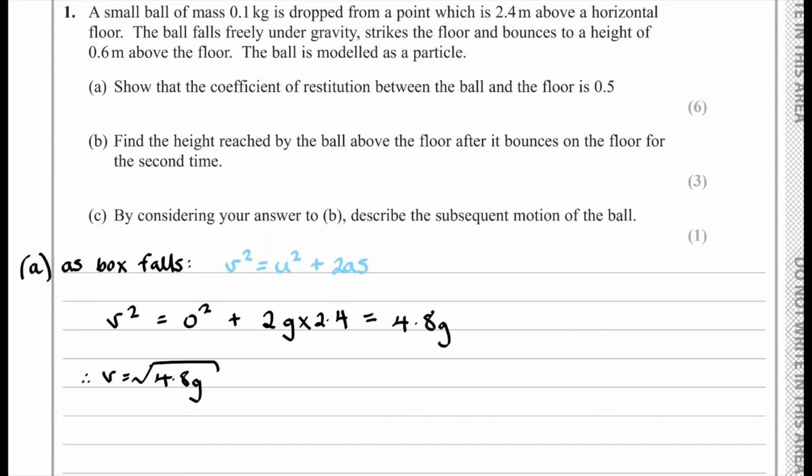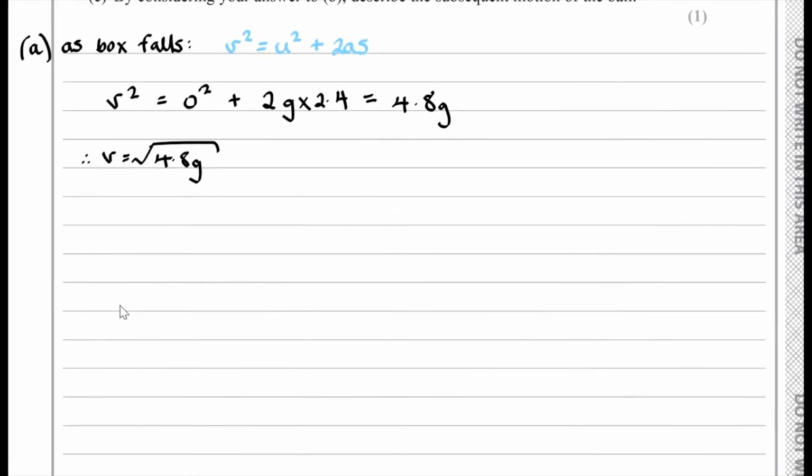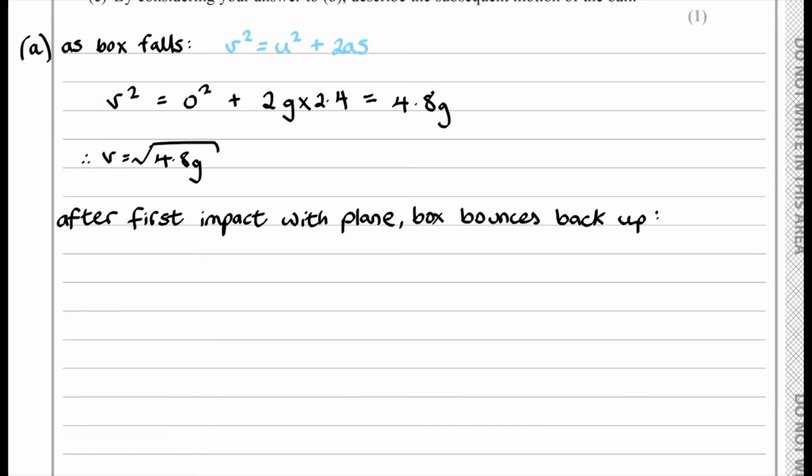Okay, and now we can find out the speed once the ball bounces back up. Let's just write that down. So after the first impact with the plane, the ball rebounds back up. So the final speed obviously will be 0.